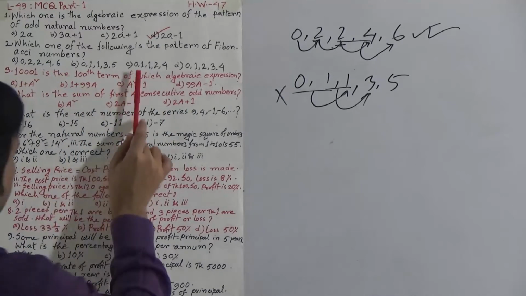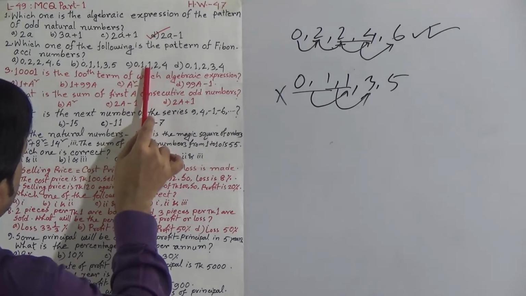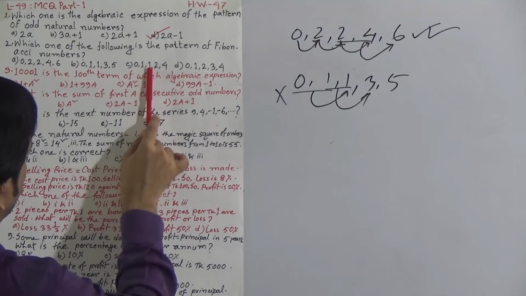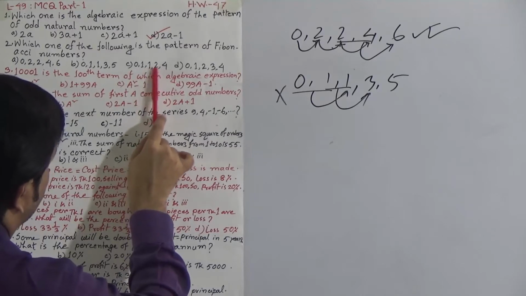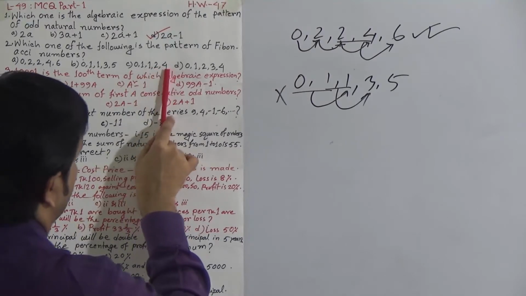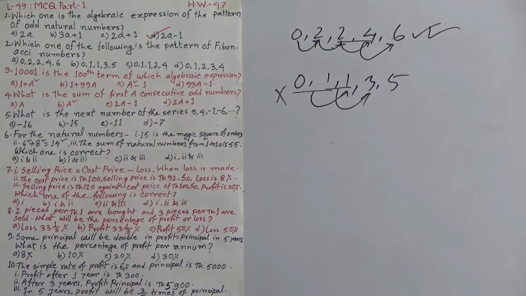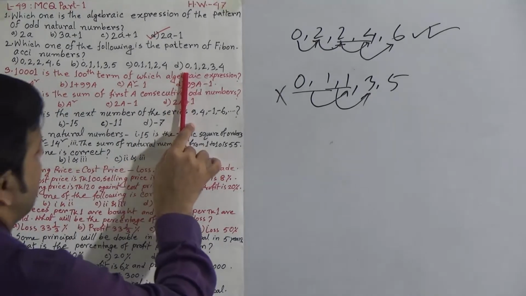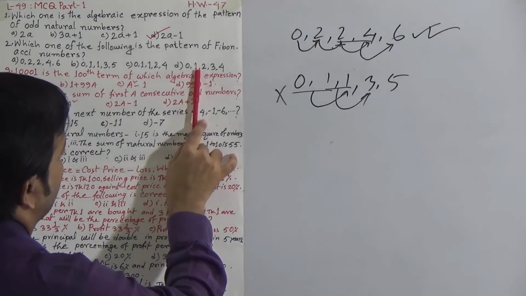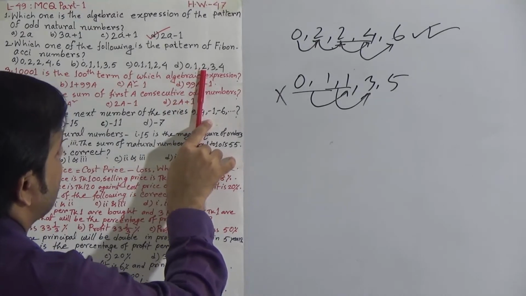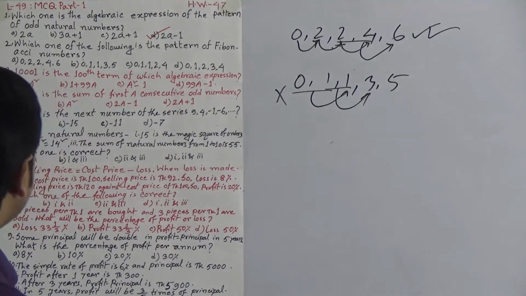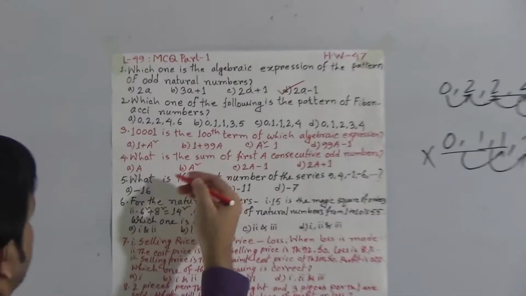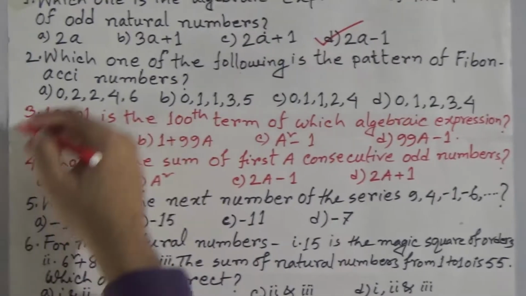In this case 0, 1. Sum of these two will be 1 and then 1, 1 will be 2. But in this case 1 and 2 if we add, this should be 3, but here is 4. So this pattern is not also a Fibonacci pattern. Next one 0, 1. Sum should be 1, but here is 2. So this is not a Fibonacci pattern. So we can say our first pattern is the Fibonacci pattern of Fibonacci numbers here.